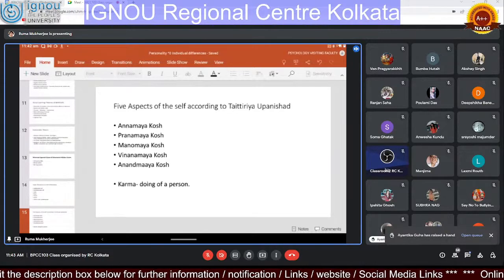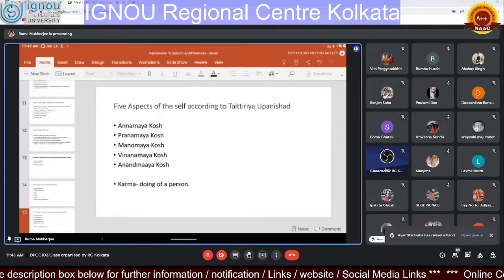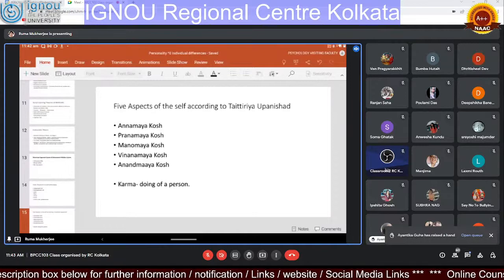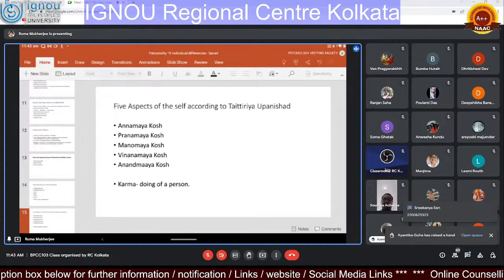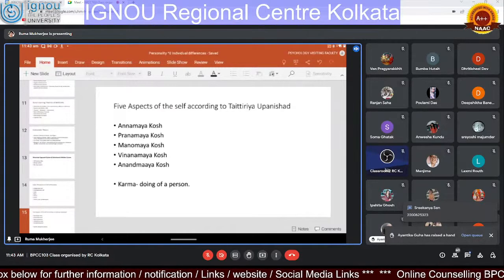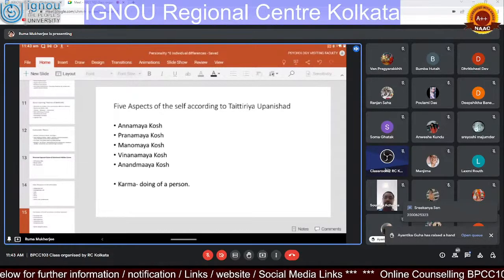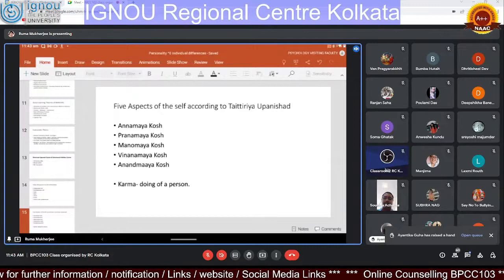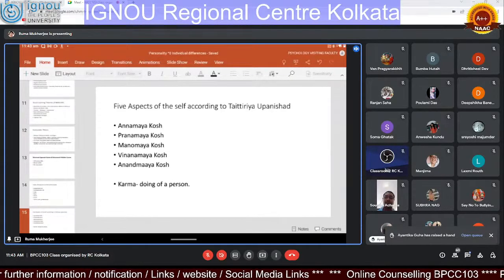Then Vijnanamaya Kosh refers to, as I told you, the intellect and the cognitive aspects. And the Anandamaya Kosh refers to the innermost layer, which is the attainment of internal joy or bliss.